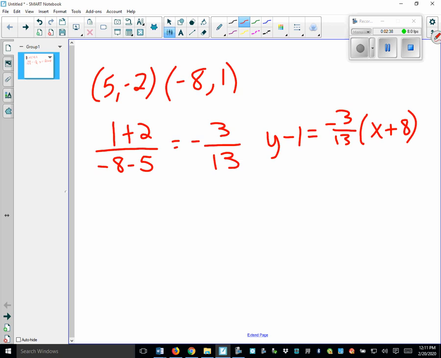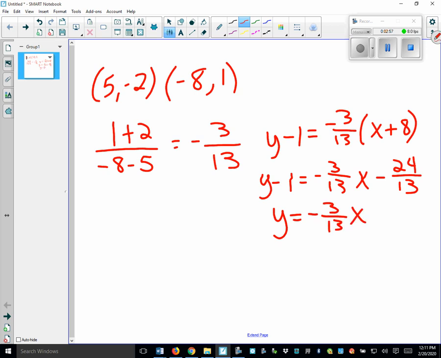Everybody okay with that? So y minus 1 equals -3 13ths x minus 24 13ths? Yes. Y equals -3 13ths x minus 11 13ths?